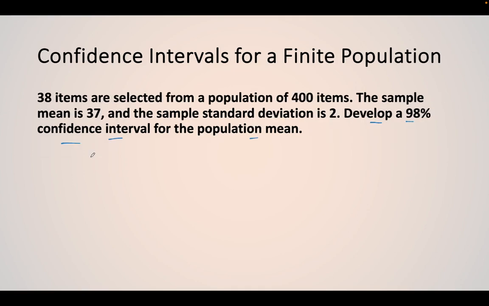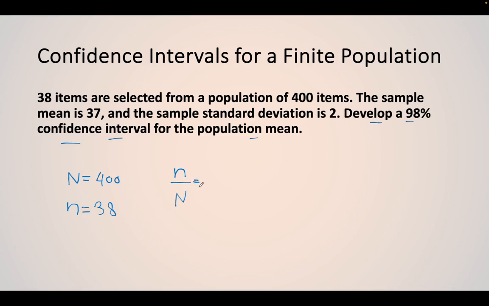Let's go back to this question. We have a population of size 400. Then we select a sample of 38 from this population. Let's look at the ratio between sample size and population size.